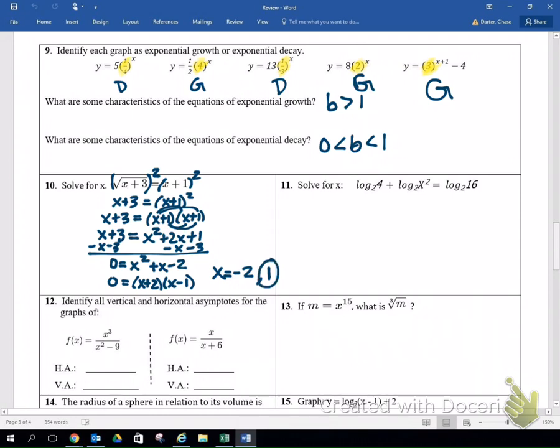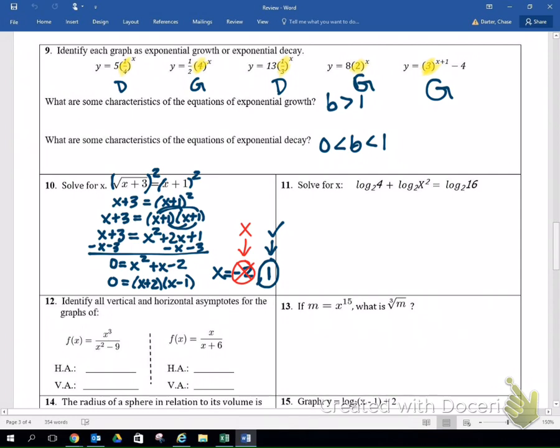If we plug in 1 for x, 1 is going to work. So this is correct. If you plug in negative 2, you're going to get an equation that's not true. You're going to get an equation that says the square root of 1 equals negative 1, which is not true. So negative 2 is extraneous, so negative 2 is no good. So our answer there would only be the positive 1, not the negative 2.